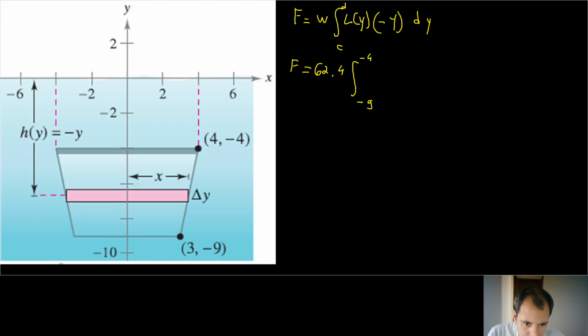So what is going to be this length right here? How do you calculate that in terms of y? Okay, so let's see. You can use the point slope equation to get the value of this line right here.